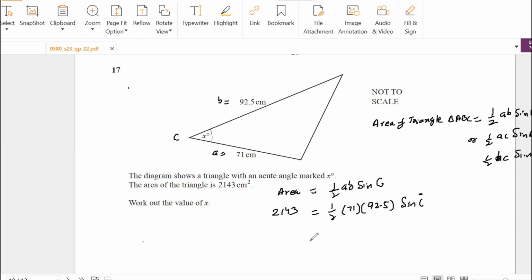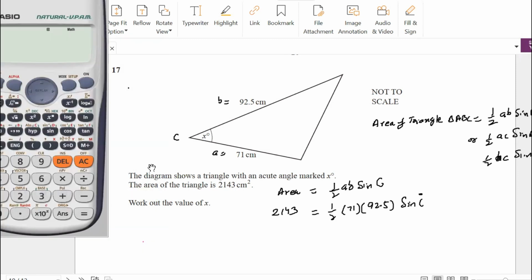After this, if you check in the calculator, 71 multiplied by 92.5 and divided by 2 gives me 3283.75. So 2143 is equal to 3283.75 sine C.